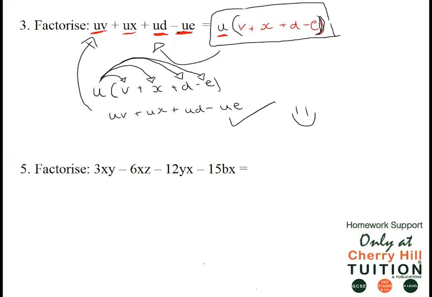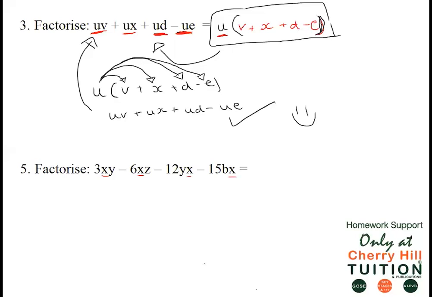Okay, so question 5, we are factorizing 3xy minus 6z plus minus 12yx minus 15bx. Okay, so what is common in each one of these terms? Hopefully you can see that there is an x that is common in every single term.